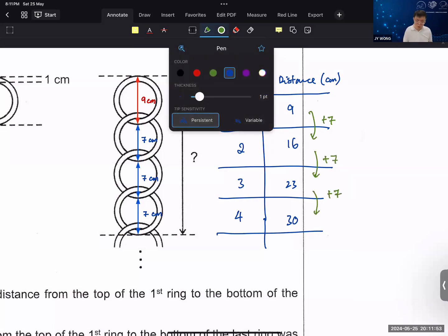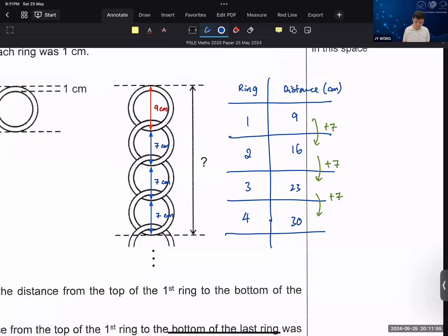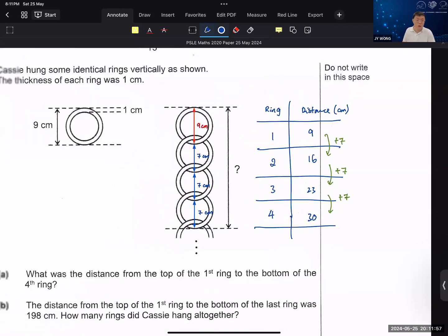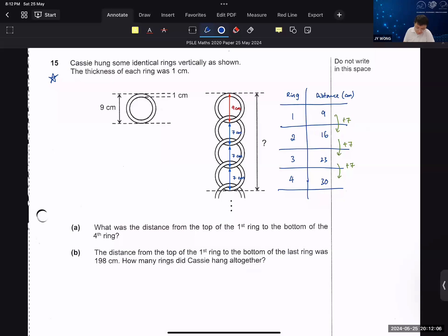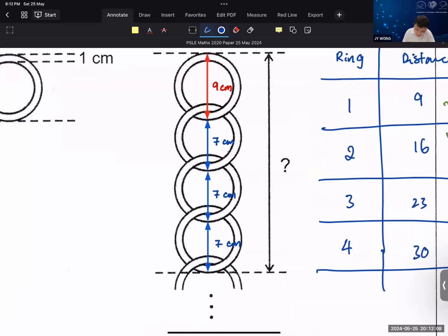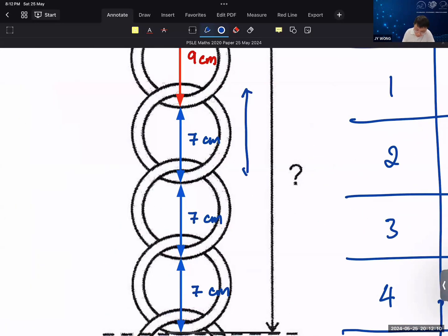It is a number pattern question. So make use of the diagram, go and draw it. If you are wondering why it's plus 7, it's because if this entire distance is 9, this distance over here is 2. That's why it's plus 7, because you are subtracting the overlap between the two bands or the two rings. And that's why it's plus 7 only.